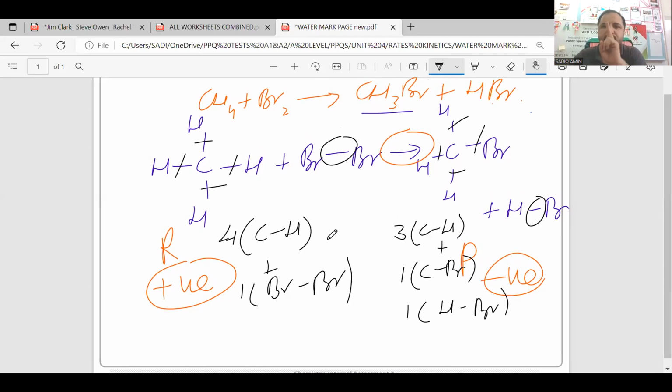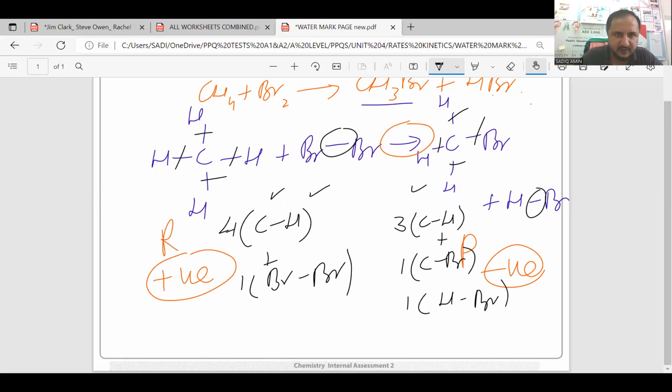Now I've identified that I have 4 C-H relations here and I have 3 C-H relations here. Now you can do 2 things here. 4 C-H relations on this side and 3 C-H relations on this side, so 3 C-H relations are common on both the sides. You can cut them. No need of using 3 times and 4 times. Just simply you're having 1 C-H relation extra on the reactant side. Right? So I'm going to pick the values now from the table.